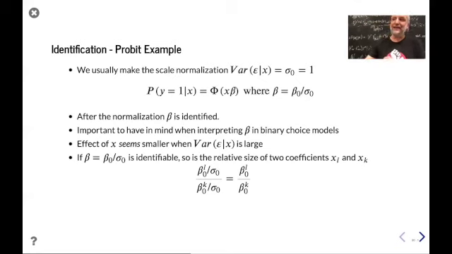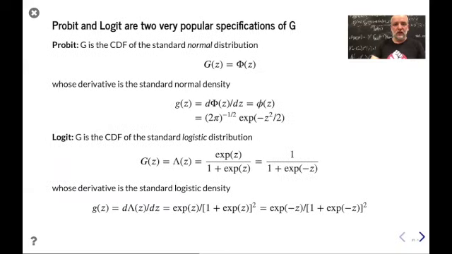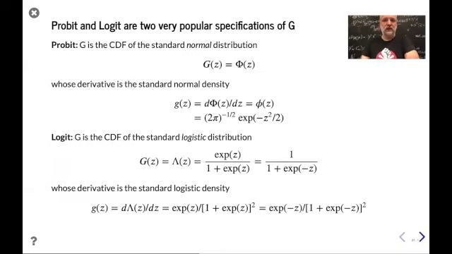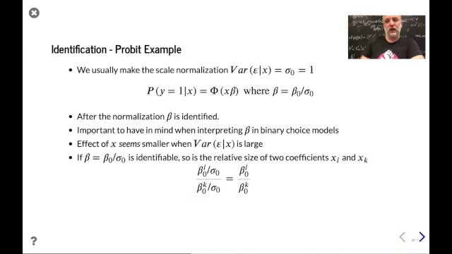So regardless of how we normalize that variance, you're going to get the same ratio. And really what matters for the predictions in the model is these ratios. Okay, so that was our Probit example.